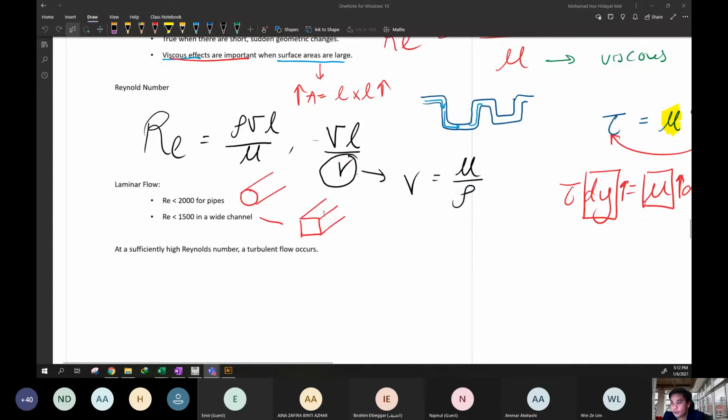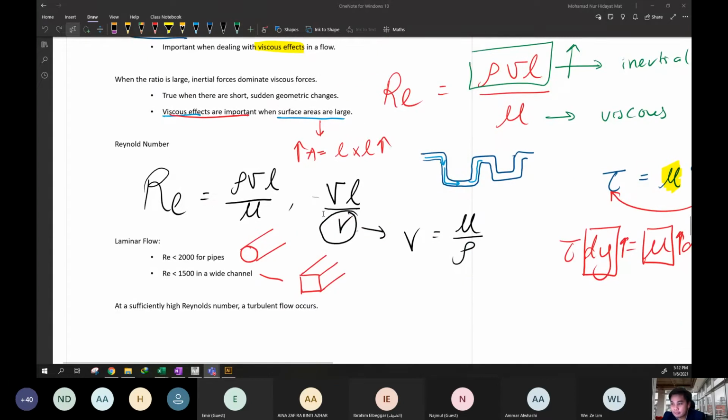All right. So when we involve the Reynolds number, definitely the Reynolds number will tell you whether the flow is turbulent or laminar based on this value, which is when the flow inside the pipe is less than 2000, it's considered laminar. When it is less than 1500 in a channel, square or rectangular shape, we call it laminar flow.